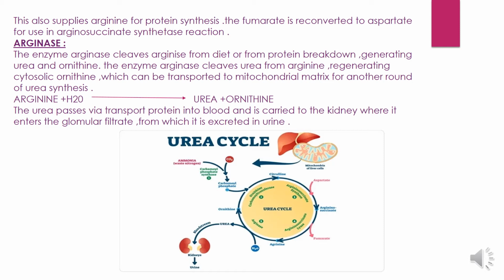So here arginine gets mixed with water and gives us urea plus ornithine. Urea passes via a transport protein into the blood and is carried to the kidney, where it enters the glomerular filtrate from which it is excreted in the urine.